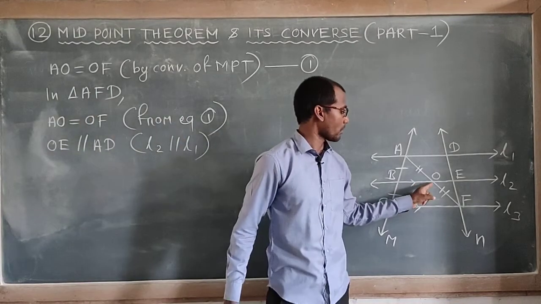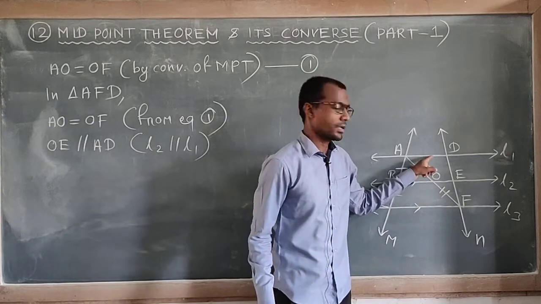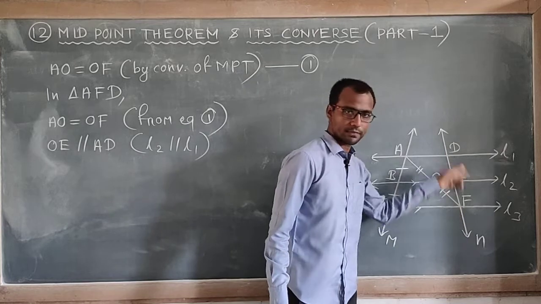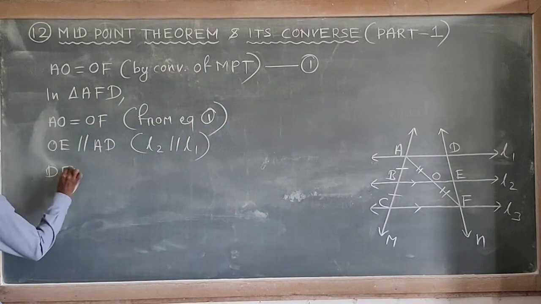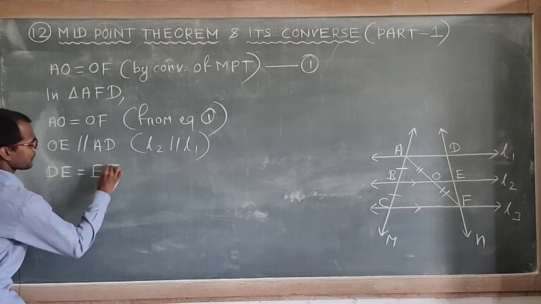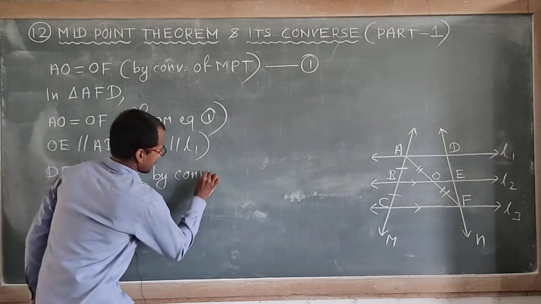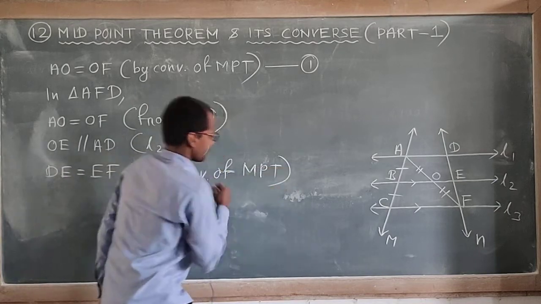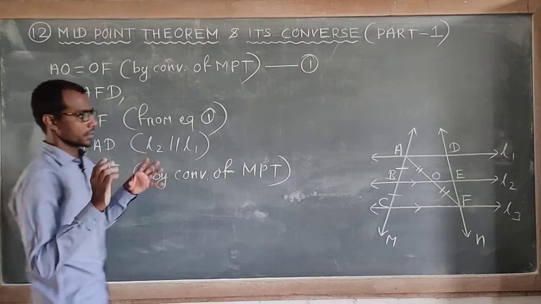A line has been drawn from the midpoint of AF, that is O, parallel to AD. So it will definitely pass through the midpoint of the third side, that is DF. For that reason we can say DE is equal to EF by converse of MPT. Hence proved.